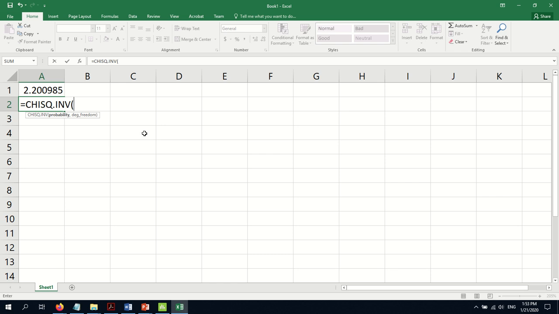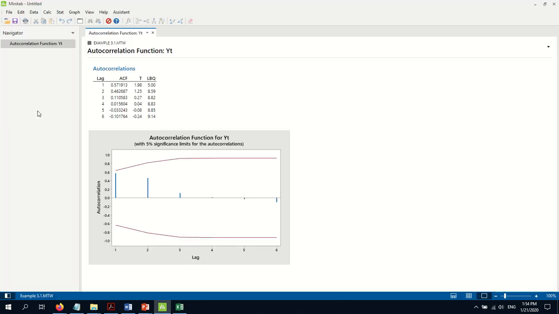Here the cumulative probability is 1 minus alpha. Degrees of freedom is the number of lags. Here we have 3 in our test. So we find the critical value 7.8.